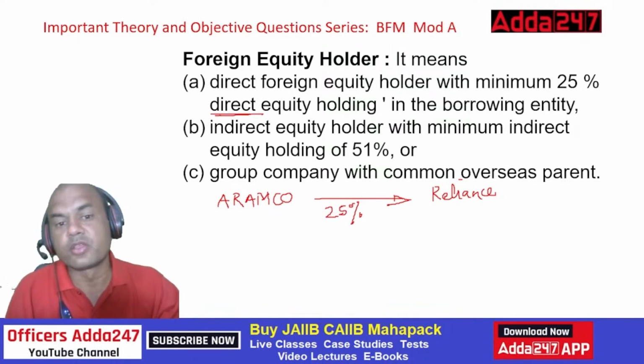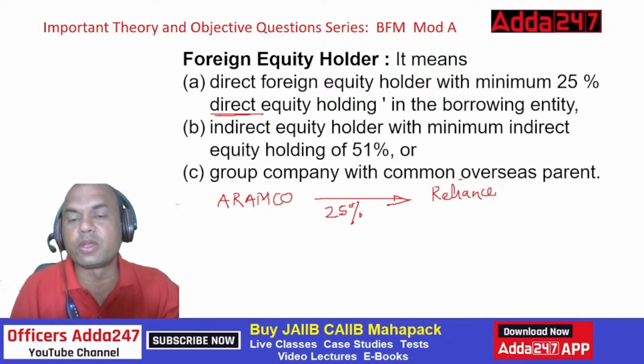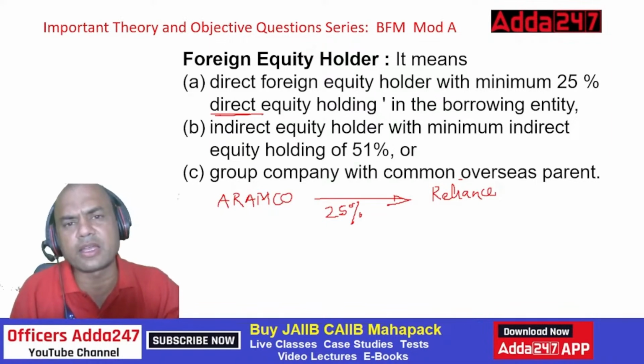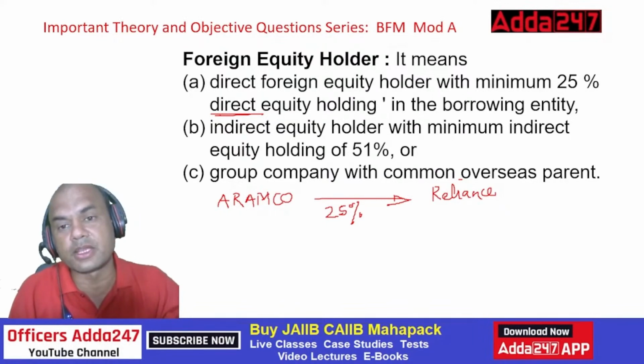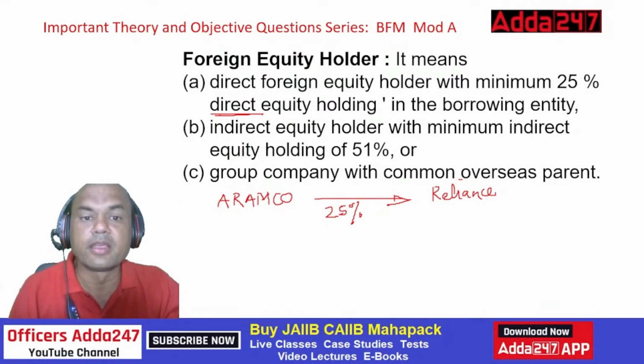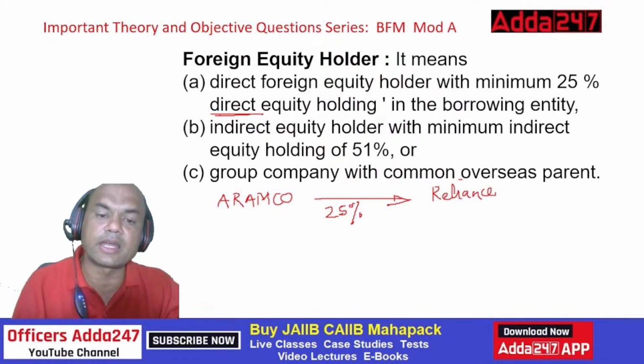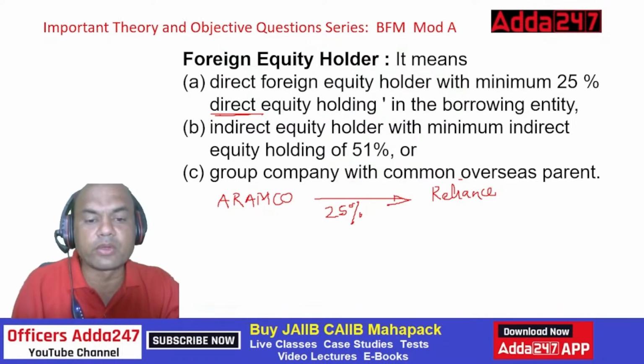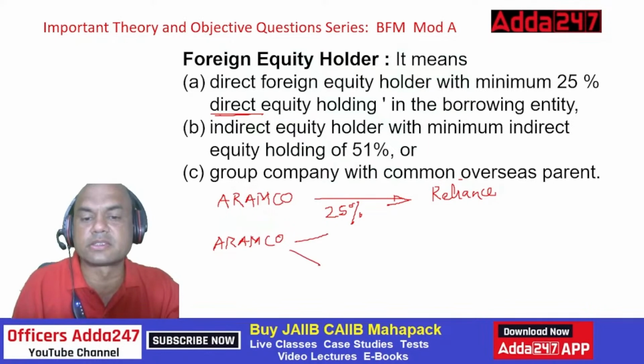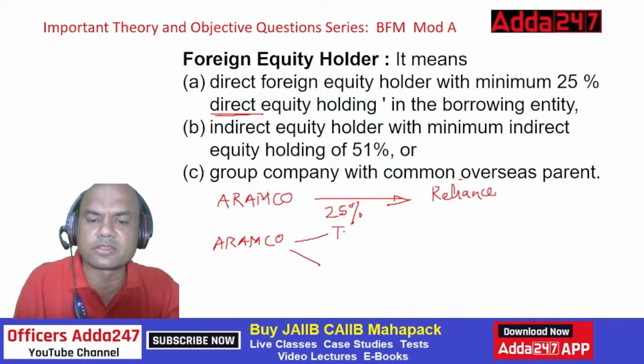So if Aramco has a direct equity holding of 25% in Reliance, it will directly buy the 25% shares, either from the open market or from the Reliance company IPO. This is easy to understand. What is this? Indirect equity holder with a minimum equity of 51%. Indirect over here means Aramco will have, number one, a trust, some name of the trust, Aramco trust.